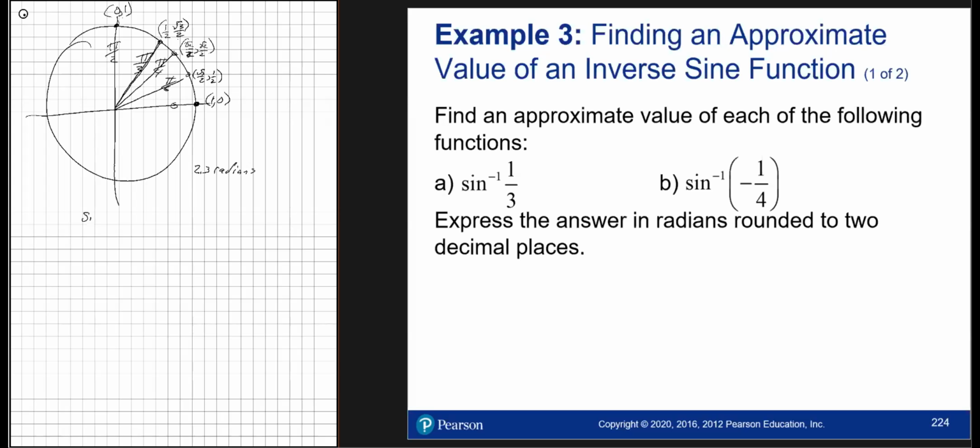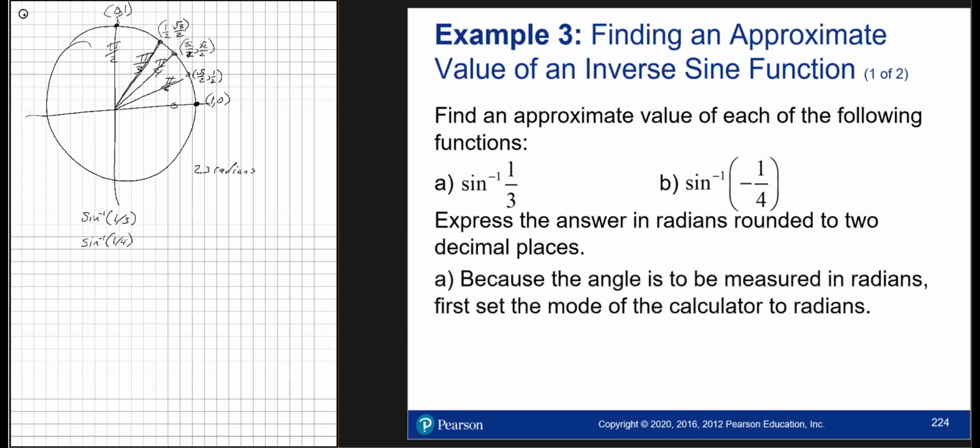You would enter this in as sine inverse 1 divided by 3 for 1/3. Don't forget to close the parentheses and then you hit enter. Same thing for the 1/4. You type in sine inverse and then you type in the 1/4 and then you hit enter. All right, so first thing to do is to make sure that the calculator is in radians.